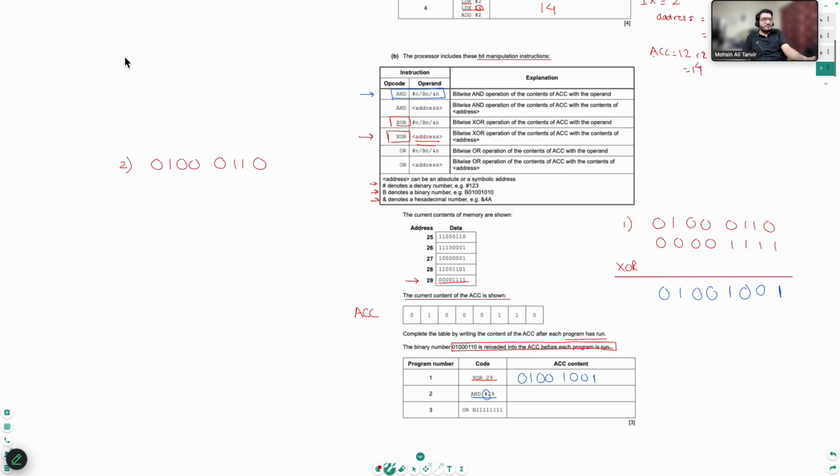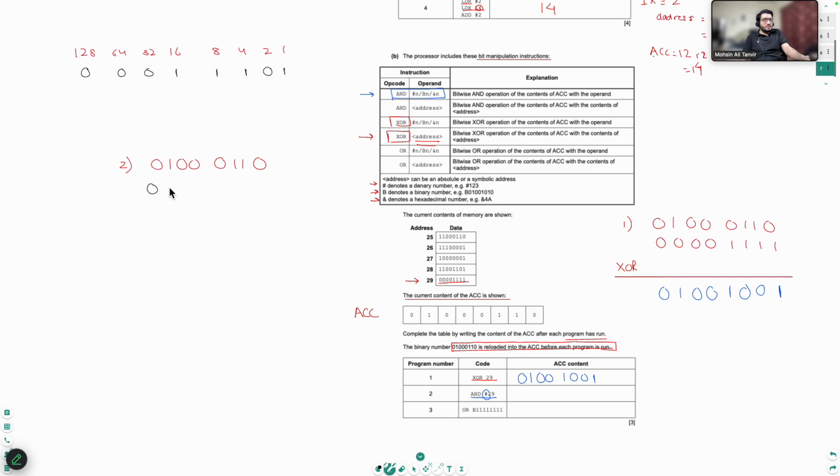Let's real quickly find the binary for 29. Let's do this: 128 64 32 16 8 4 2 1. And if I'm going to find it, it's going to be 0 0 0 1 1 1 0 1, since 16 plus 8 is 24, 28, and 29.